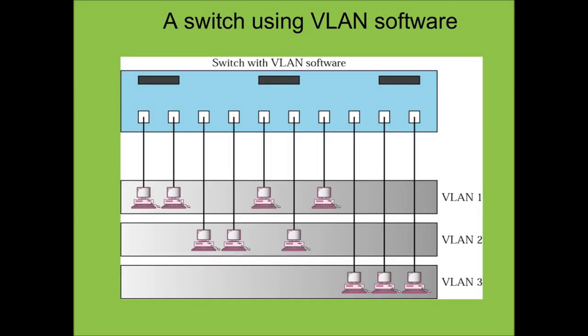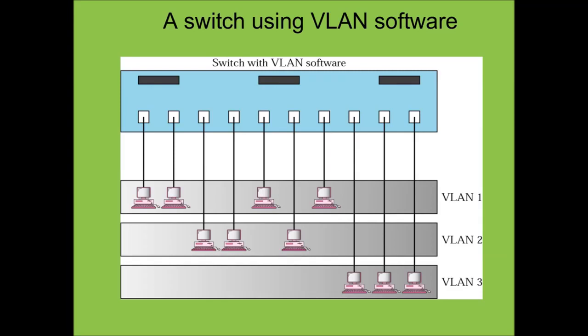A switch using VLAN software. A switch contains its own software, its own operating system, which is used to provide different services to the connected computers. So over here you can see a switch with VLAN software. Definitely that cannot be shown here, but assume that the VLAN software is implemented in the switch.